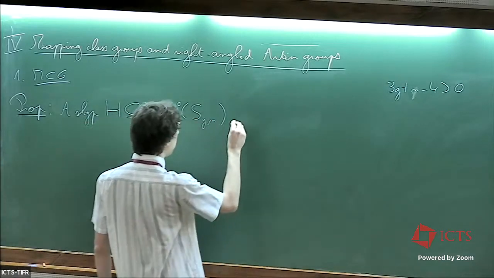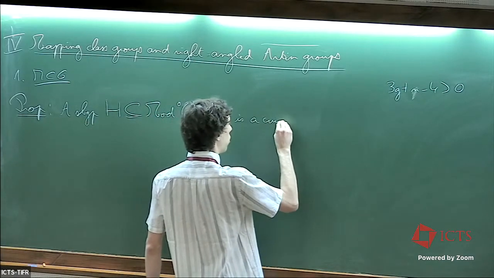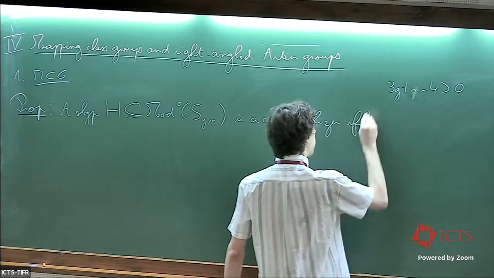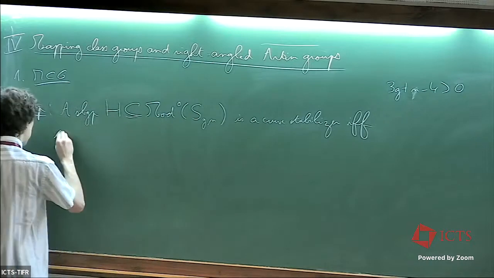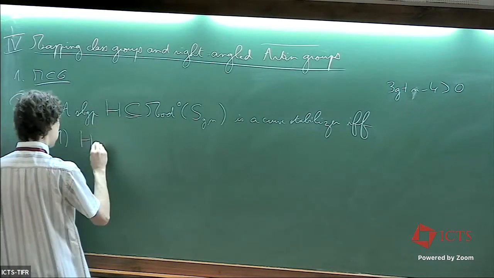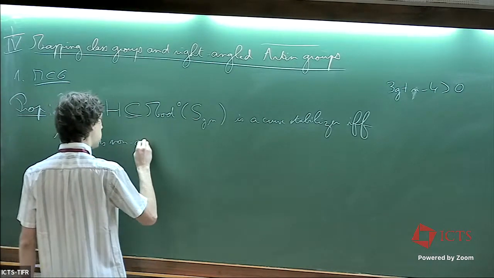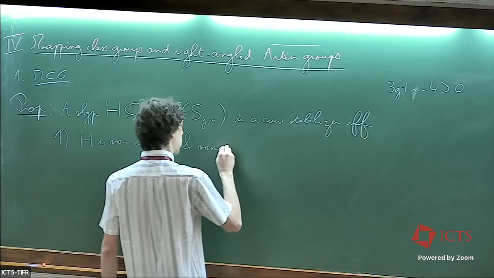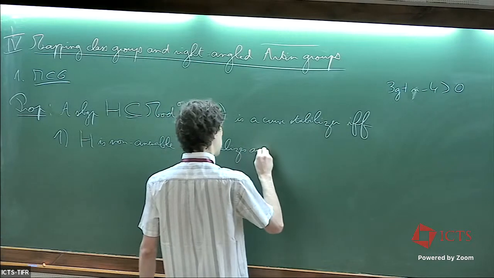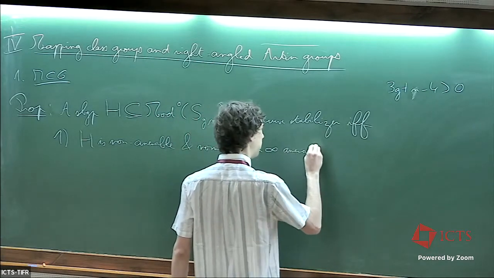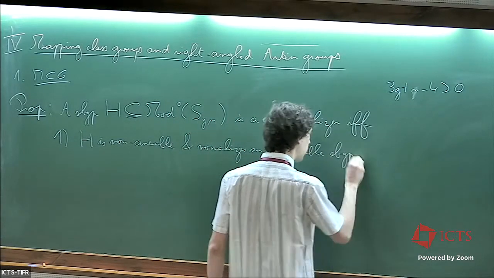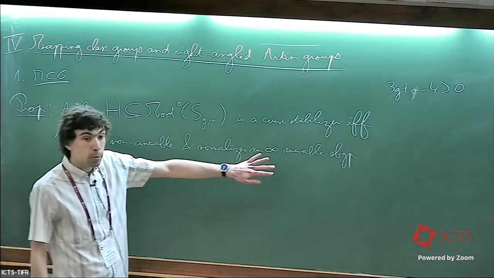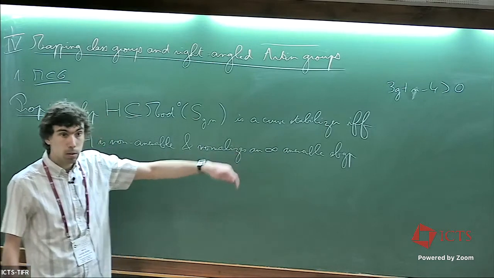A subgroup H of the mapping class group is the curve stabilizer if and only if, the first thing is that H is non-amenable and normalizes an infinite amenable subgroup, namely, the cyclic subgroup generated by the Dehn twist about the curve.